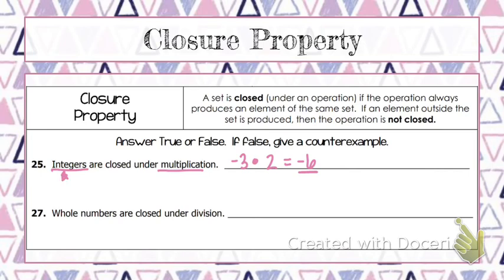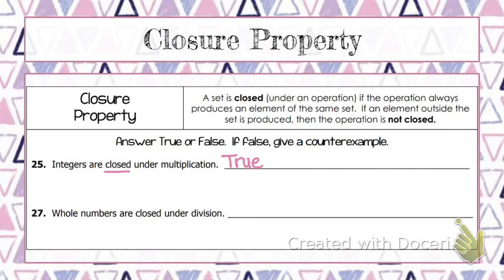And it is. So is there any possible combination of integers we could multiply together and get an answer that is not an integer? The answer is no. There's no way to multiply two integers together and get anything other than an integer. So that means that integers are closed under multiplication. So this is true. Okay?